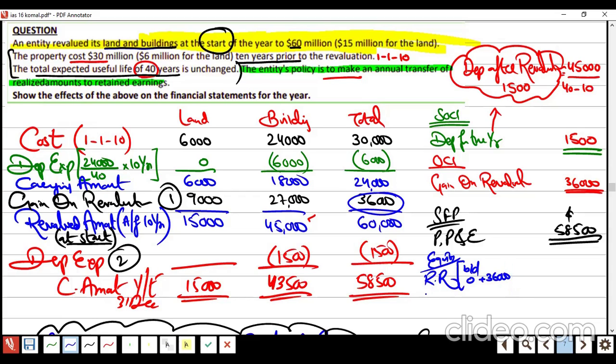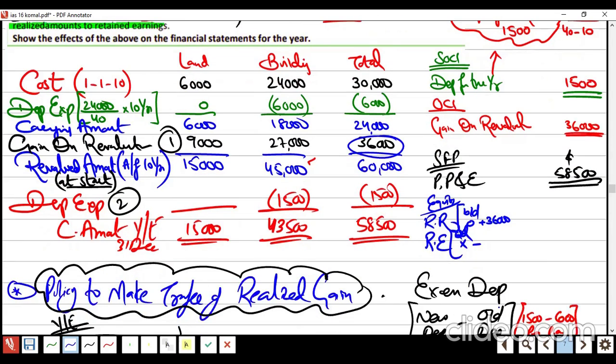Retained earnings, they didn't tell us the opening balance, right? The opening balance of retained earnings is not given. No problem, but in the paper, definitely they will give you.